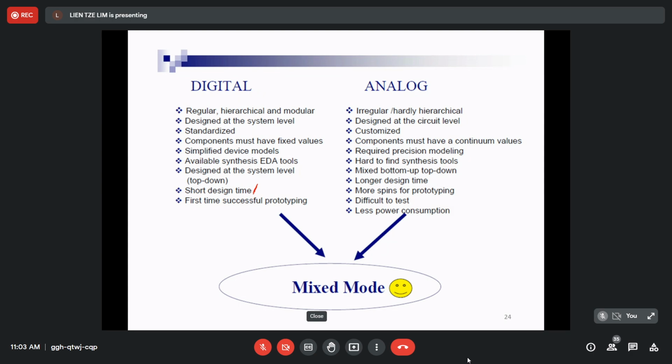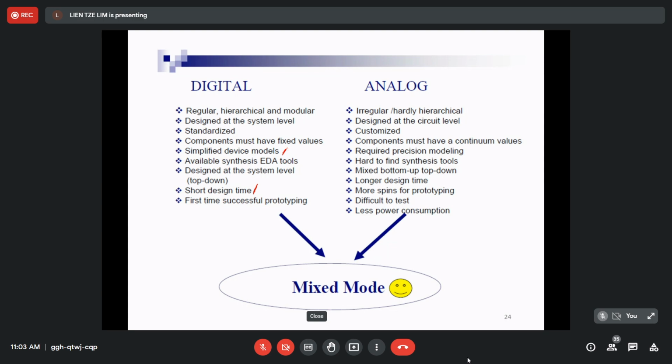For the others, let me see. Digital is regular, hierarchical, and modular. Designed at the system level, standardized components must have a fixed value. Simplified device models. If we want to design a digital IC, the device model is more simplified.